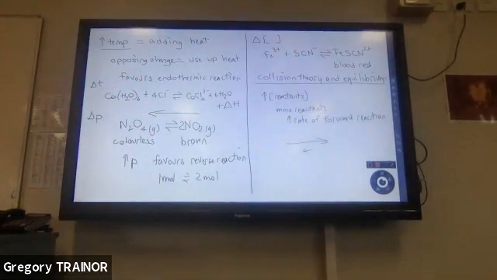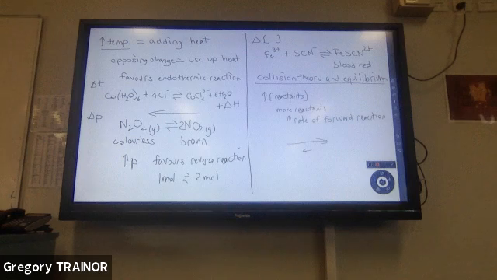So as you increase the number of product particles, what will happen to the rate of the reverse reaction? If you increase the concentration of product particles, that will increase the rate of the reverse reaction because you have more product. And as the forward reaction is proceeding at a high rate, what happens to the amount of reactant? It decreases. So what happens to the rate of the forward reaction?